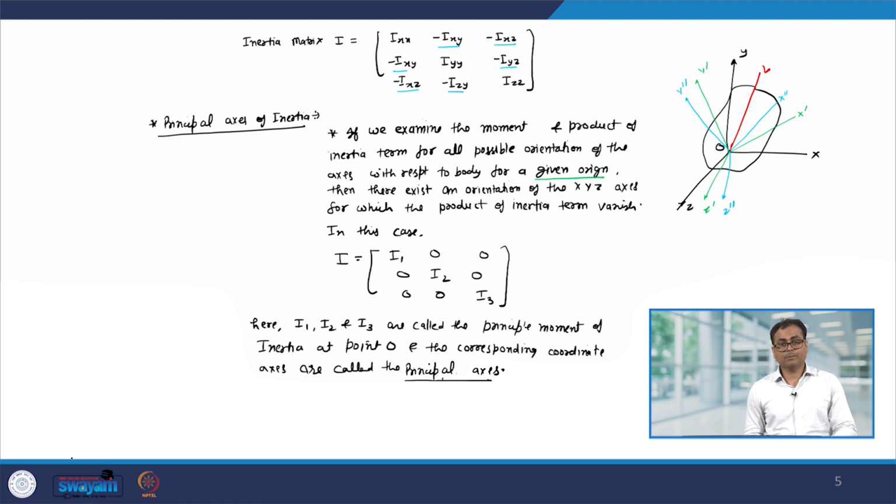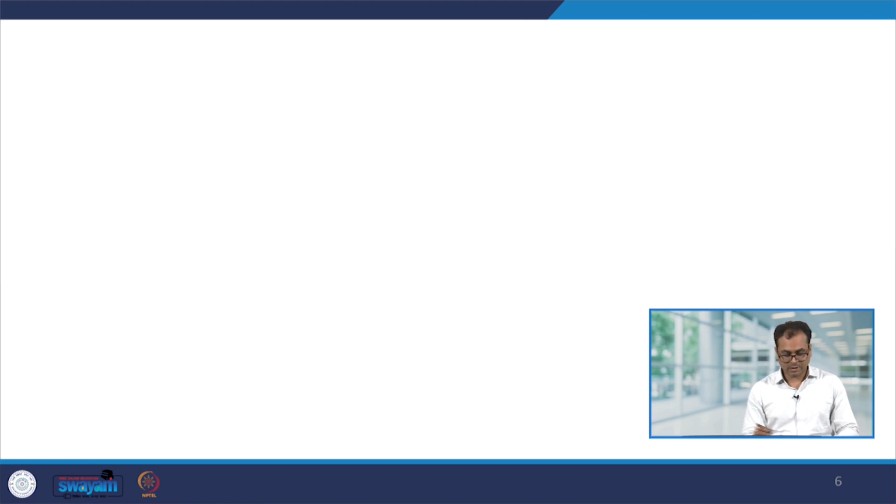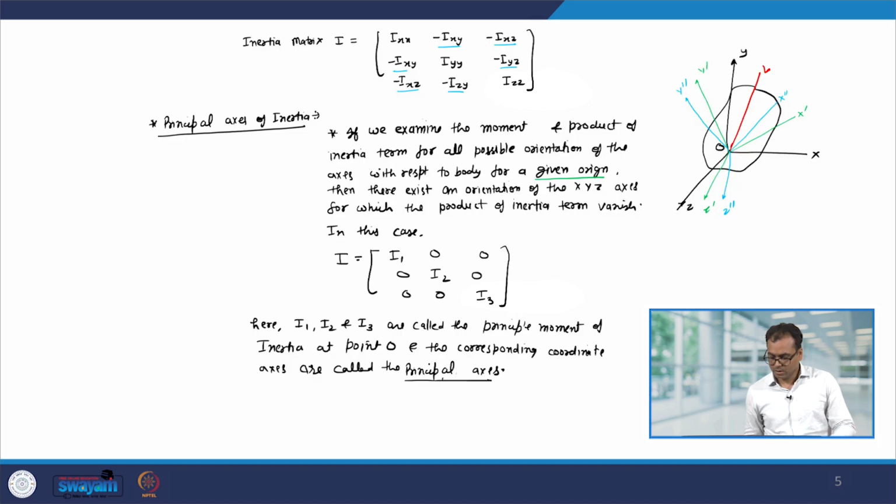Now, this is something that I am not proving, but it can be shown that the solution of the determinant equation. So, I have this matrix and I have that matrix.